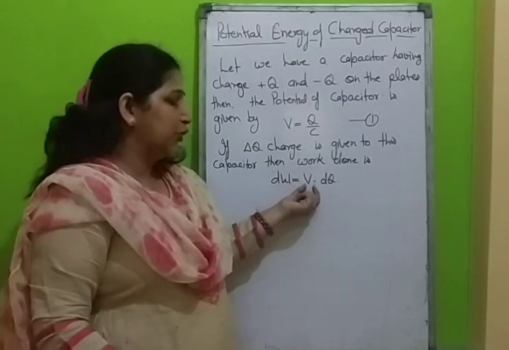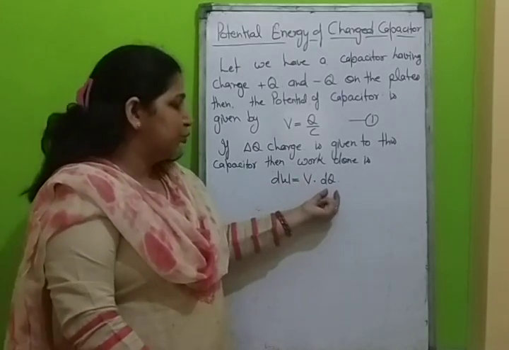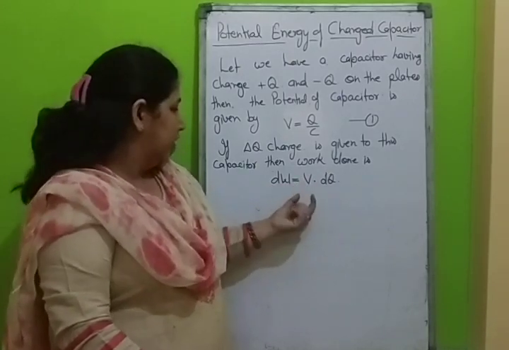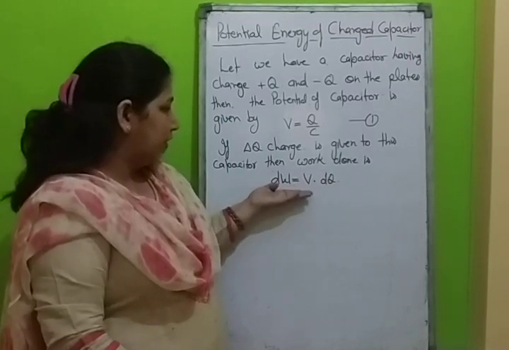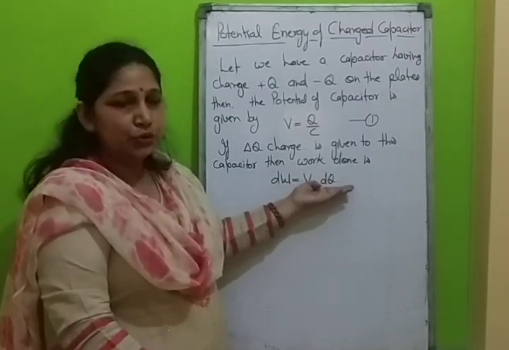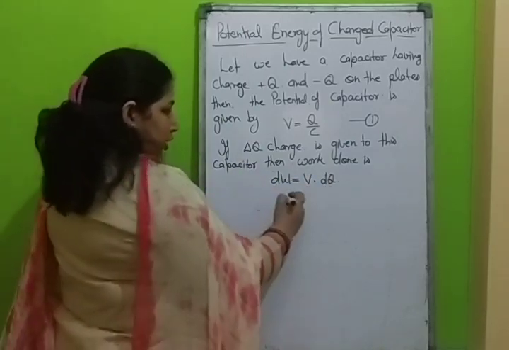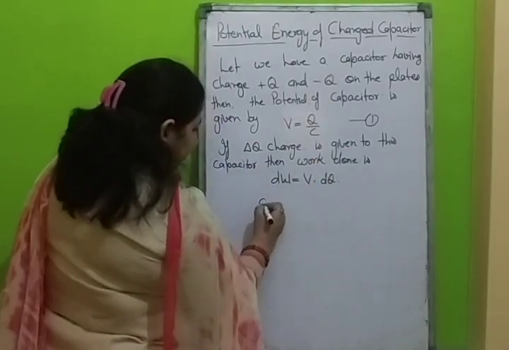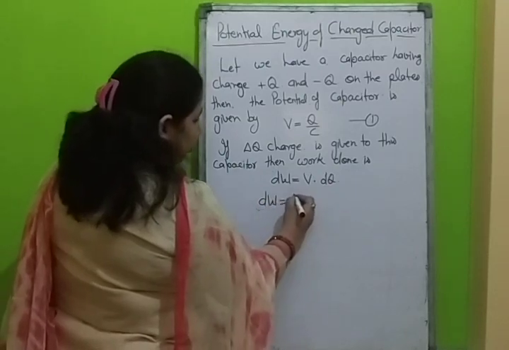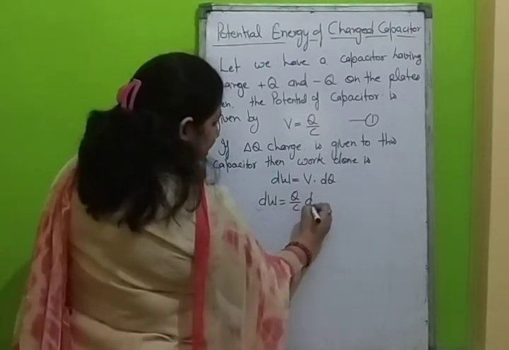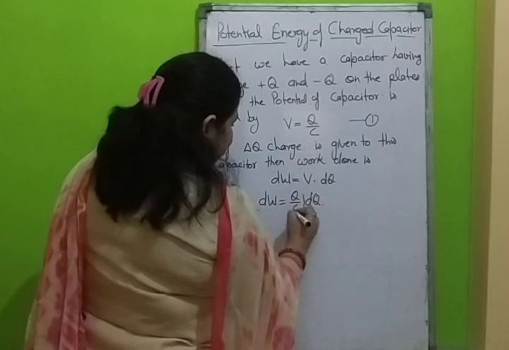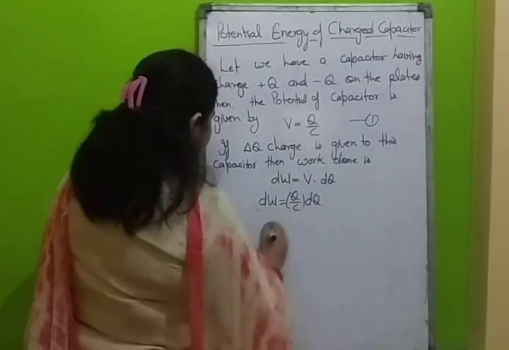Work done is equal to the potential at the place times the charge which is moved. This is the relation for work to move a delta Q charge at the place where the potential is V. Now, put the value of V. dW is equal to Q upon C dQ. This is the work done to bring delta Q charge.